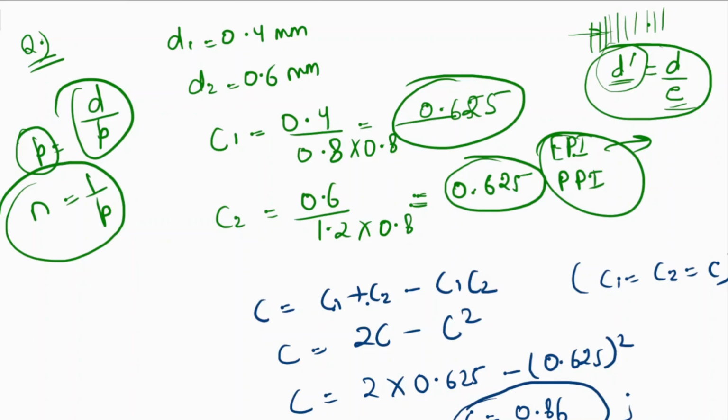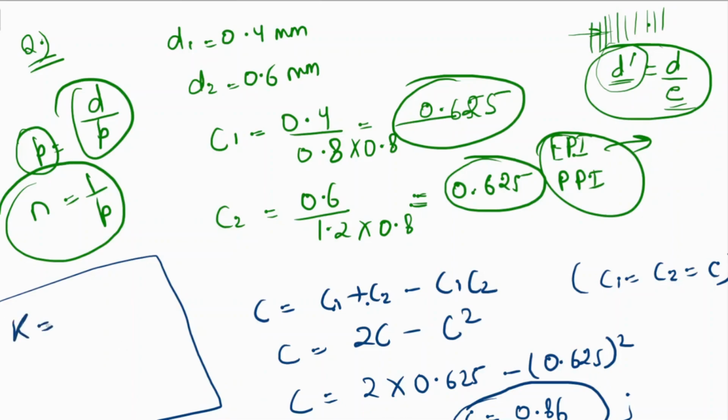And suppose they ask about the fabric cover factor. C is the fabric cover, while C1 and C2 are the warp cover and weft cover, and the fabric cover includes both warp and weft.